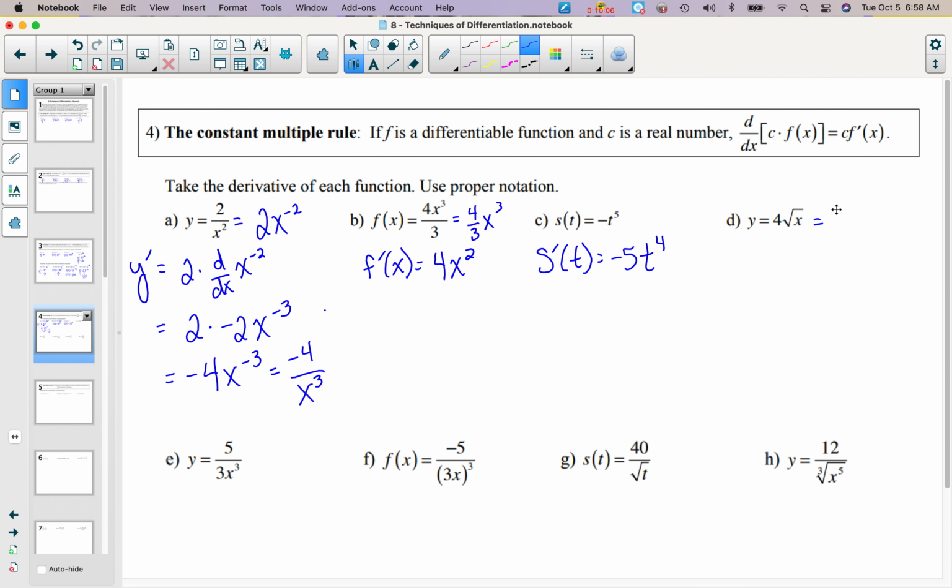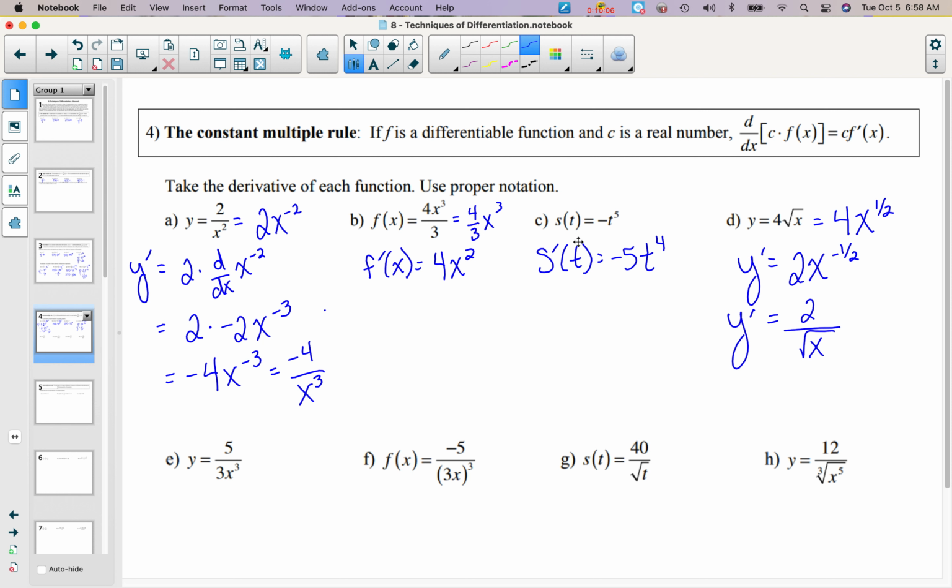And on this one, I'm going to write this as 4 times x to the 1/2. So then I get y prime equals half of 4 is 2. And when we subtract 1, we get -1/2. So using a positive exponent, I'm just going to change this, or you can even flip it back underneath, because that's pretty simple to put back in the denominator.